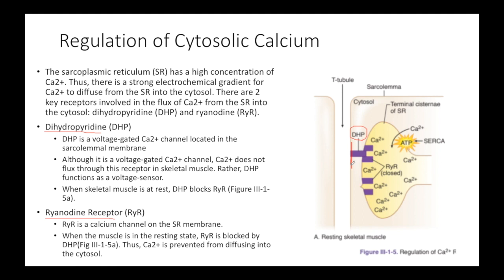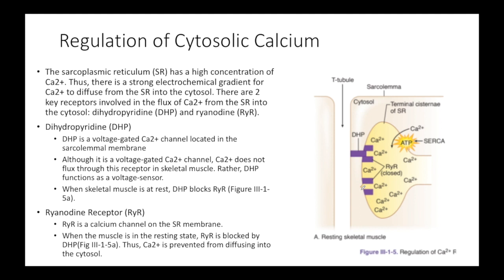This functions as a voltage sensor in skeletal muscle. In skeletal muscle, when it's at rest, this receptor functions to block our ryanodine receptors, which I will talk about. Our ryanodine receptors are our calcium channels on the sarcoplasmic reticulum membrane here.